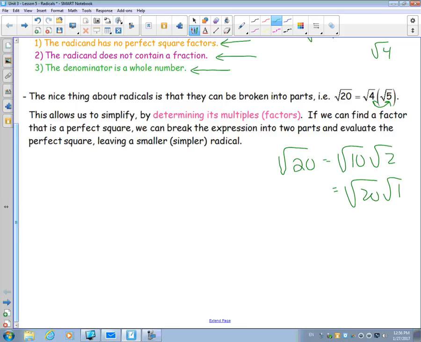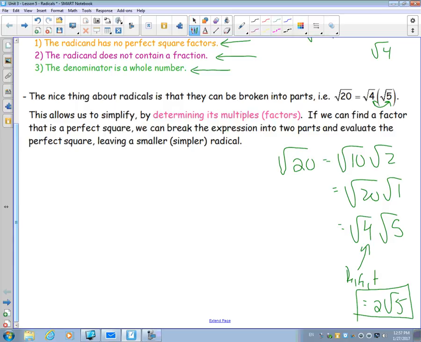Our objective is to think of things that are perfect, like root 4, and root 5, not perfect, so this is your perfect one, that can be evaluated. I know the square root of 4 is just 2, and the square root of 5 I can't really do anything with, so I'm going to call this 2 root 5. That's the kind of answer we're looking for. Okay, a perfect part and a non-perfect part.